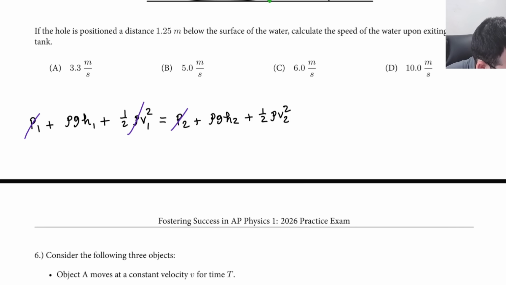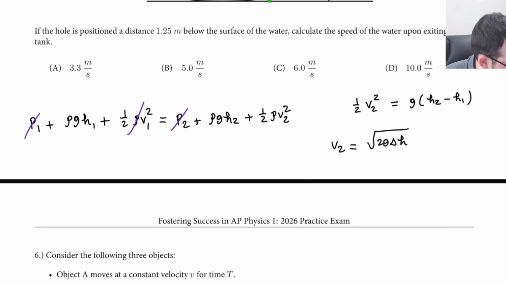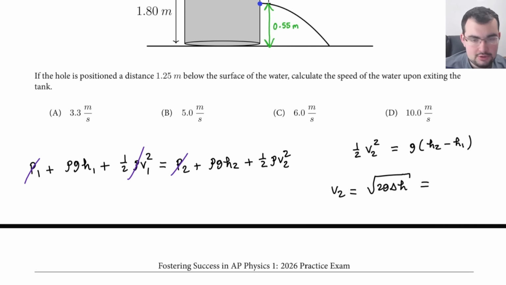And we end up getting 1/2 V2 squared is equal to G times H2 minus H1. So we end up getting that V2 is just the square root of 2G delta H. So it sort of looks like that just standard energy conservation question, where if you fall a distance H, what is your speed?